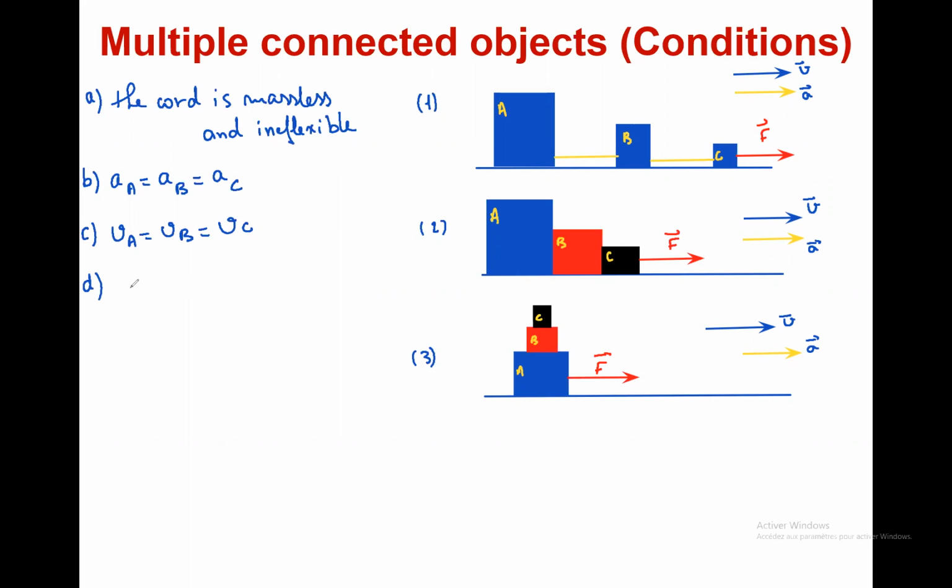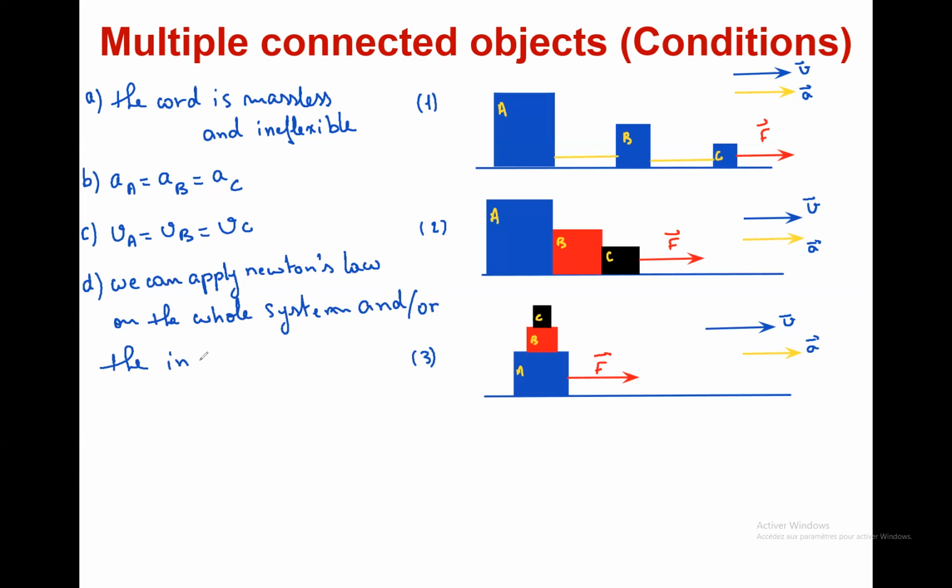Let's take point D. In point D, we can apply Newton's law, for example, F equals ma, on the whole system or on the individual object.